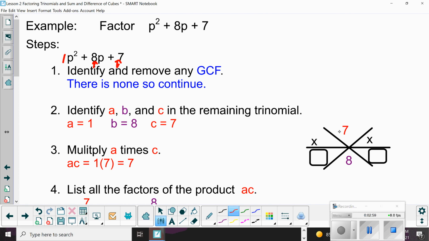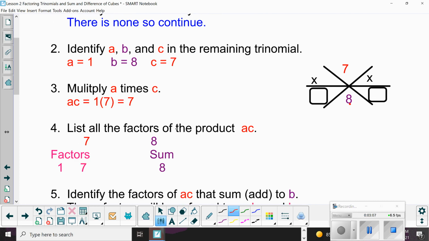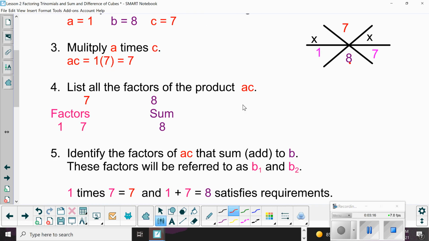We're going to create our star. AX is just X and X, and then the B value is 8. Now, I need factors of AC that sum to 8. Well, that's 1 and 7. So I put those here. Now, I have my factors. X over 1, X over 7.